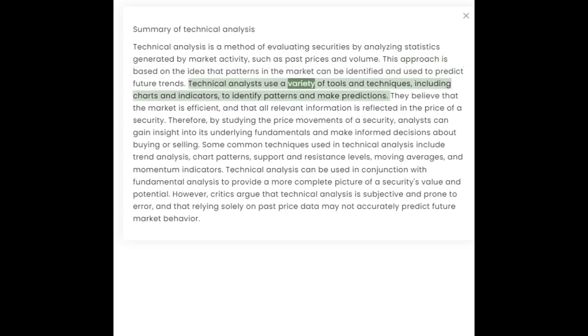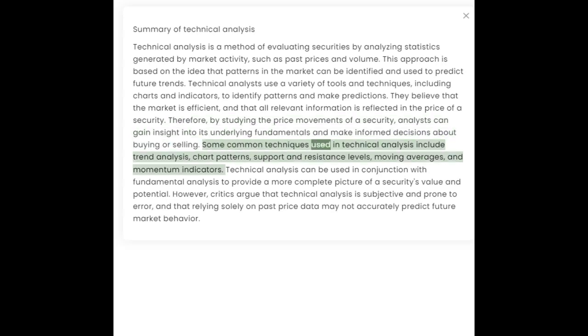Technical analysts use a variety of tools and techniques, including charts and indicators, to identify patterns and make predictions. They believe that the market is efficient and that all relevant information is reflected in the price of a security. Therefore, by studying the price movements of a security, analysts can gain insight into its underlying fundamentals and make informed decisions about buying or selling.